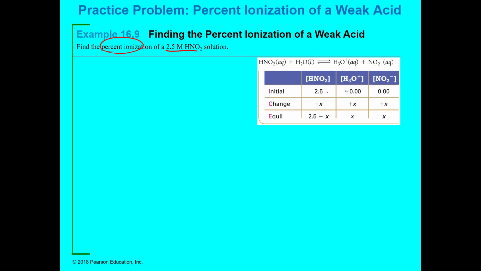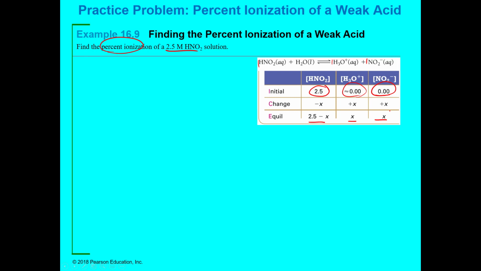All right, so you have 2.5 molar to start with. Again, we're 1 to 1 to 1. Okay, so we start out with 0 ionization first. We're going to go down X on the reactants and up X on the products. So we end up with 2.5 minus X, X, and X.